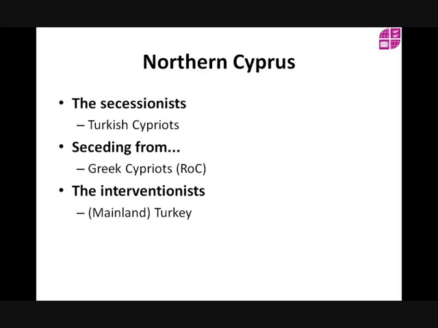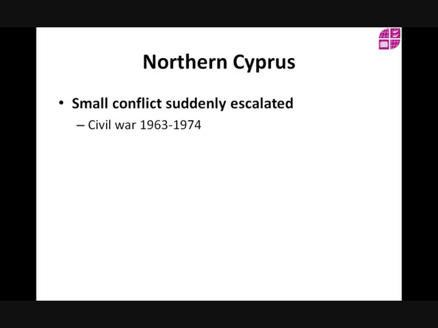Within 3 years, a civil war had started. The civil war started in 1963 and carried on to 1974. An 11-year civil war, which, had the Turks and the Greeks been equally matched, would not have lasted this long.